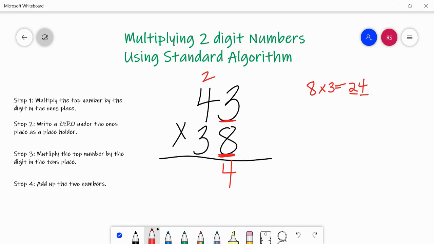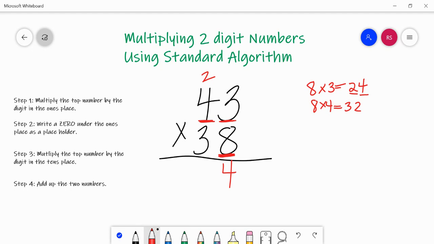All right, now I'm going to multiply this 8 by this 4, because again, following our steps, we take the bottom digit in the ones place and multiply it by both of those top numbers. So 8 times 4, I know, is equal to 32. But don't forget about those 2 tens that you carried into the tens place.